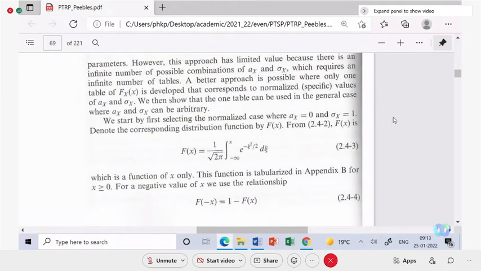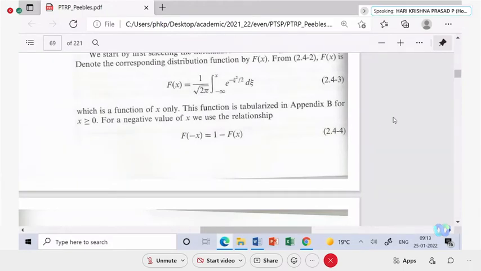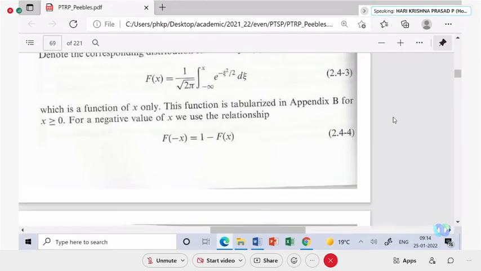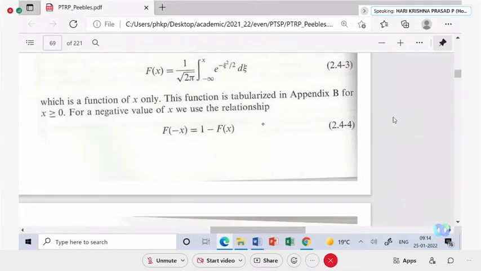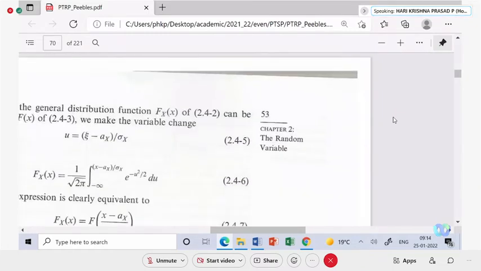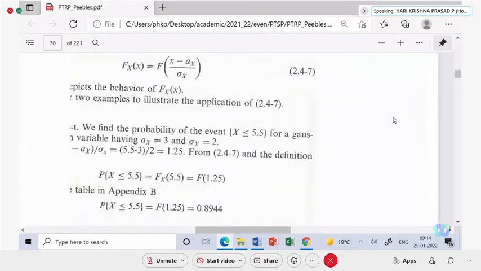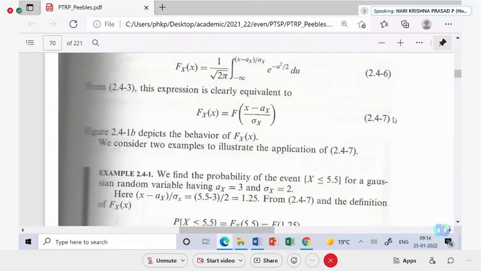Any next? Okay. And just I want to show that I have discussed f of x equal to this expression just now I have given. And f of minus x equal to 1 minus f of x, that is also we have seen. Then this expression also we have seen, fx of x equal to f of x minus ax by sigma x.